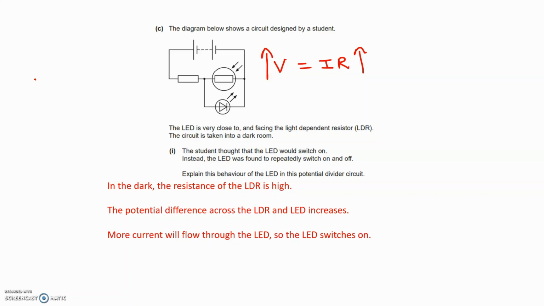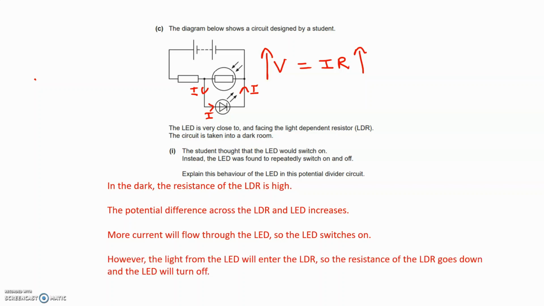Now because the resistance of the LDR has increased, more current will flow through the LED. So more current I is flowing through the LED, and that causes the LED to switch on. The fact that the LED switches on is the key to this, because the light from the LED will enter the LDR.